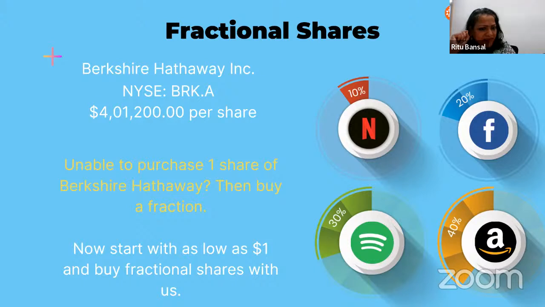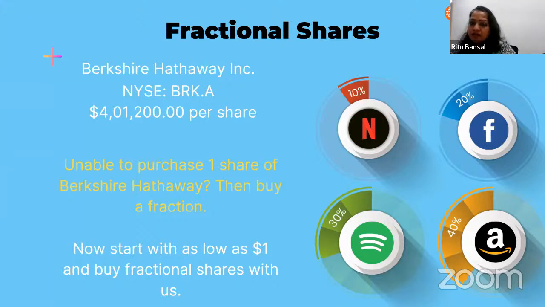4 lakh dollars, 4,1,200 dollars. Even I am missing out. See, one share price. That's the most expensive share, by the way, in the US market. That's equivalent to almost 3.2 crores if you have to invest in one share. Can we invest? We want to invest in Mr. Warren Buffett's company.